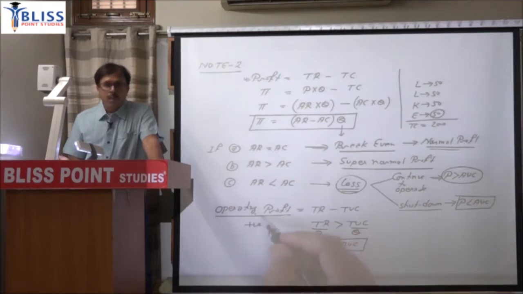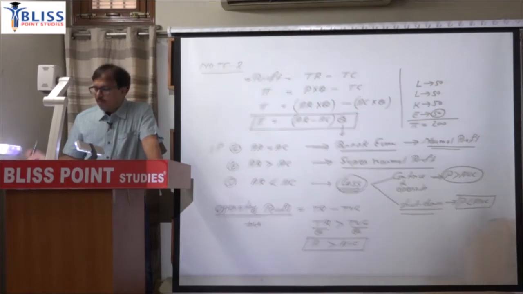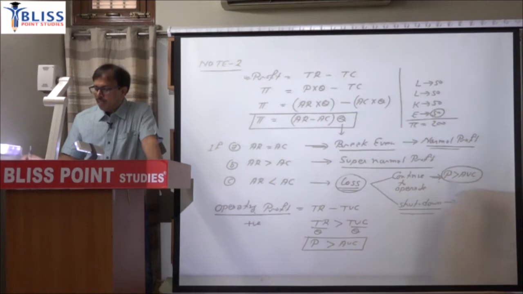Since the firm is having operating profit, the firm will operate. So obviously when price is less than AVC, there will be operating loss. There is a loss in operating, so it is better not to operate and better to shut down. So the firm will shut down if price is less than average variable cost. The firm will continue to operate if price is greater than average variable cost.